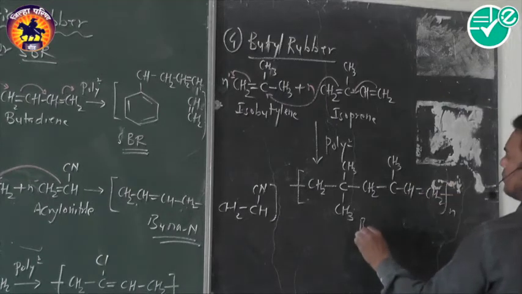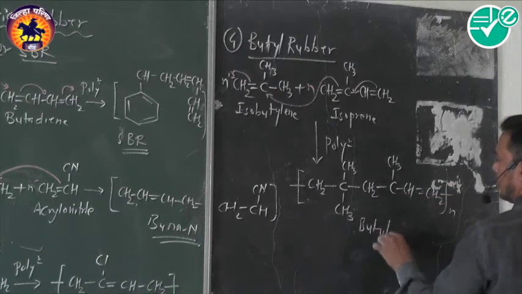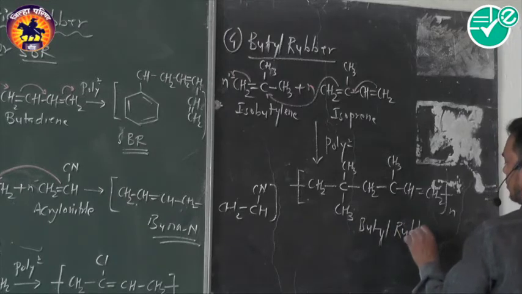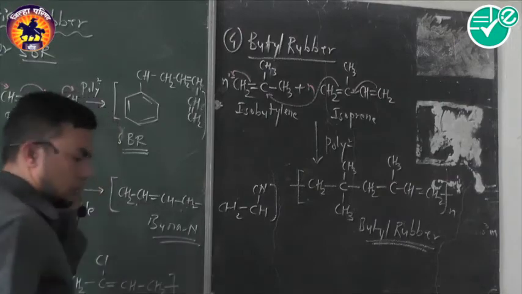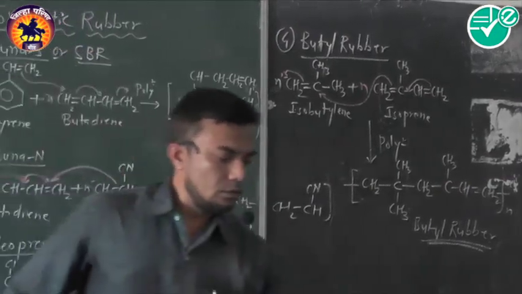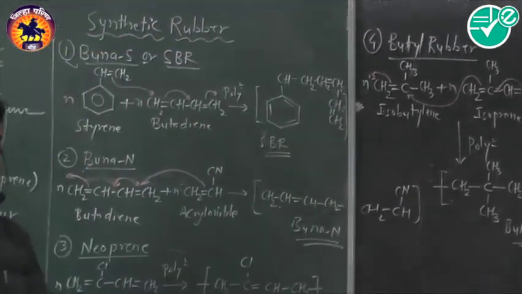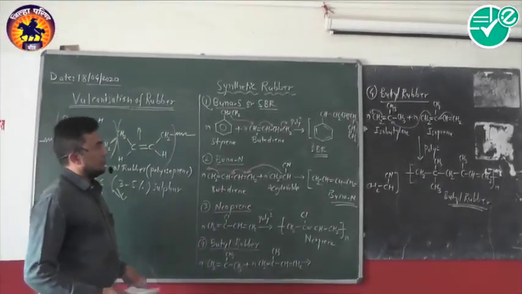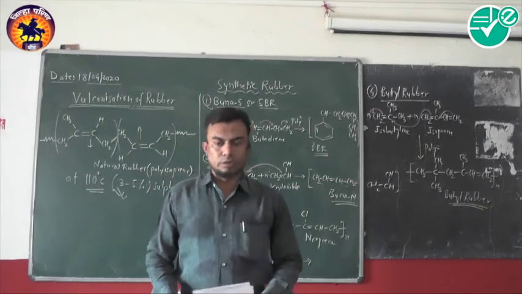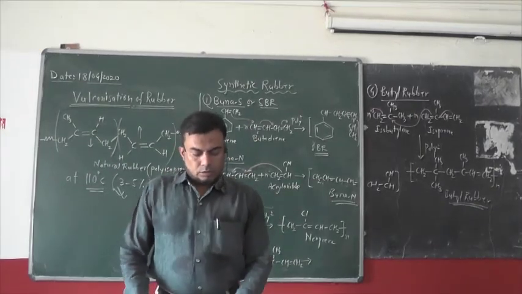So n monomers will give the butyl rubber. These are all synthetic rubbers obtained from two monomers, which is called the copolymerization process. In this way we can cover the polymer topic. Thank you.